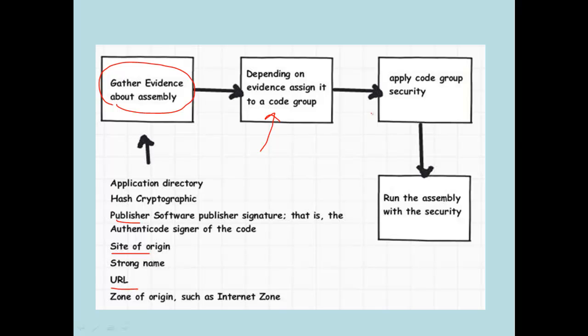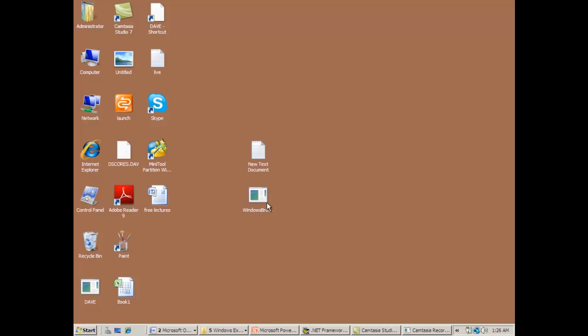Then the code group security is applied, and then the assembly or exe is run inside that security boundary. In order to understand this, we'll do a small sample demonstration, where we have a small exe, and we'll see how we can restrict that exe using code access security.